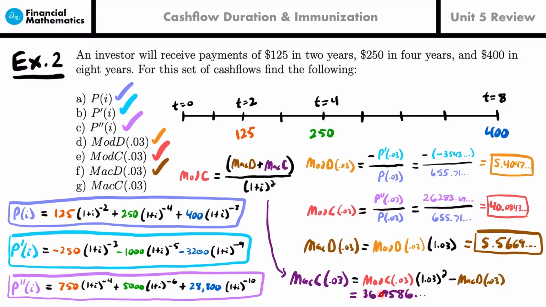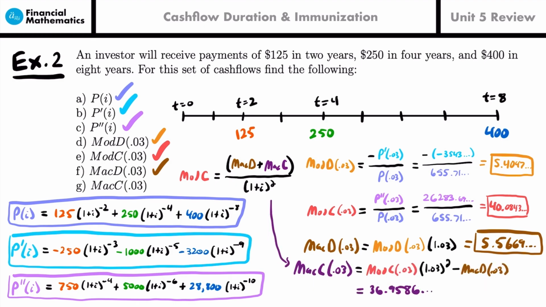I tried to squeeze it in here as best as I can. In fact, let me try to make that look a little bit better. All right, there we go. I tried to make it a little bit easier to see, not by much, but there it is. That's the Macaulay convexity at a 3% interest rate for this set of cash flows that we were given. And so that's it for part G, the final part of this second review problem.